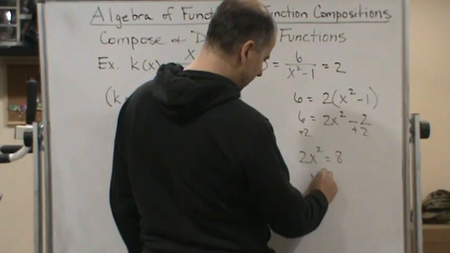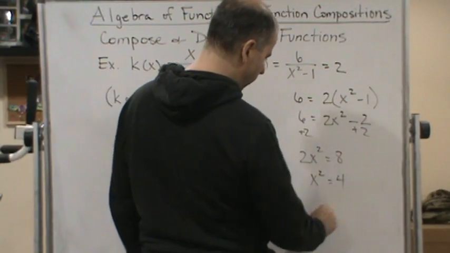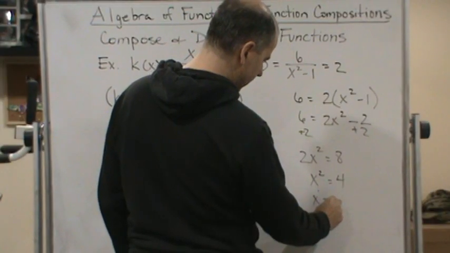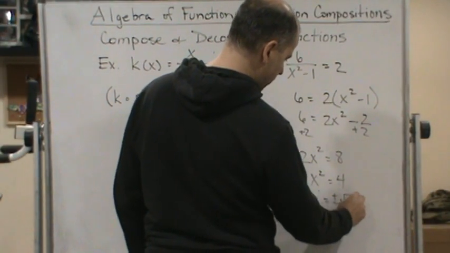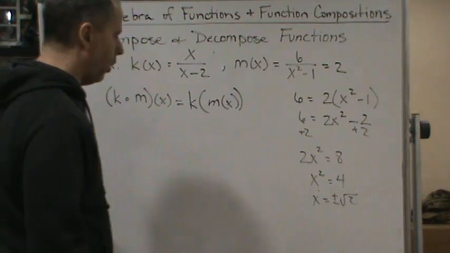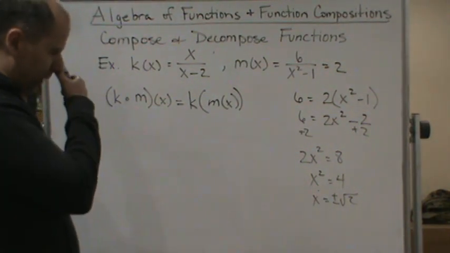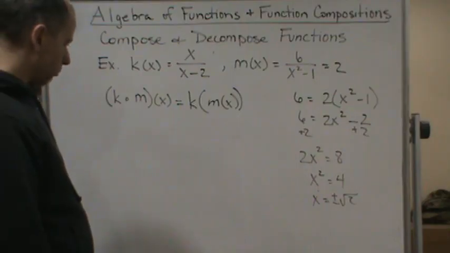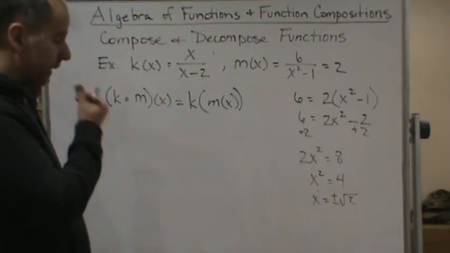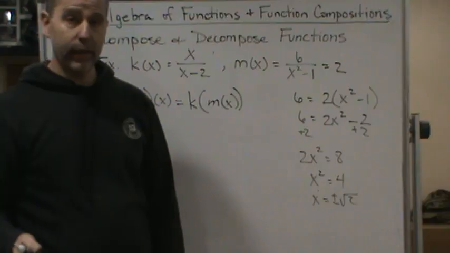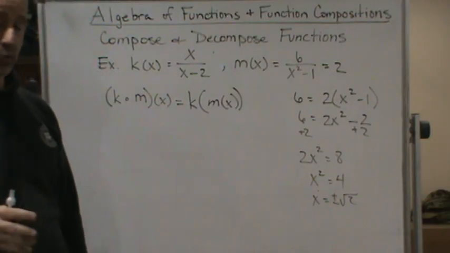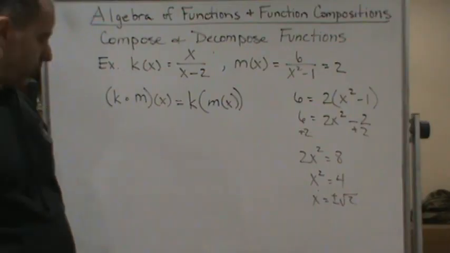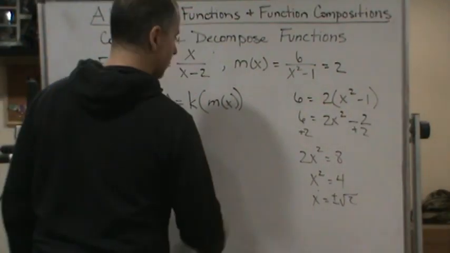And then of course x squared equals 4, which means x equals plus or minus square root of 2. That's what I want. Okay, so if x is equal to plus or minus square root of 2, then we have a problem. Okay, so not only is 1 and negative 1 restricted, but x cannot be plus or minus square root of 2.